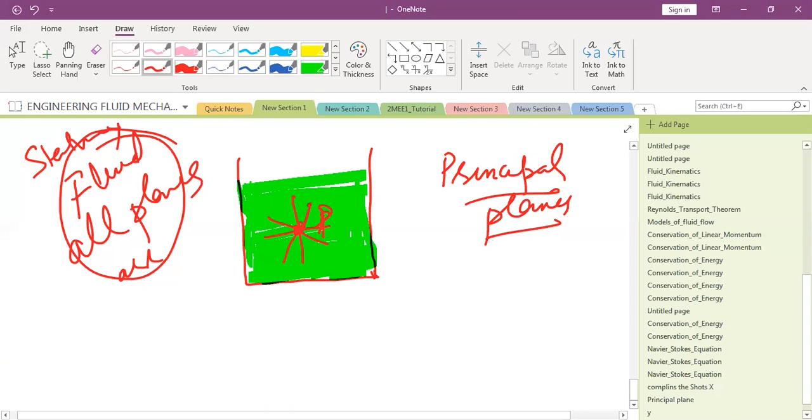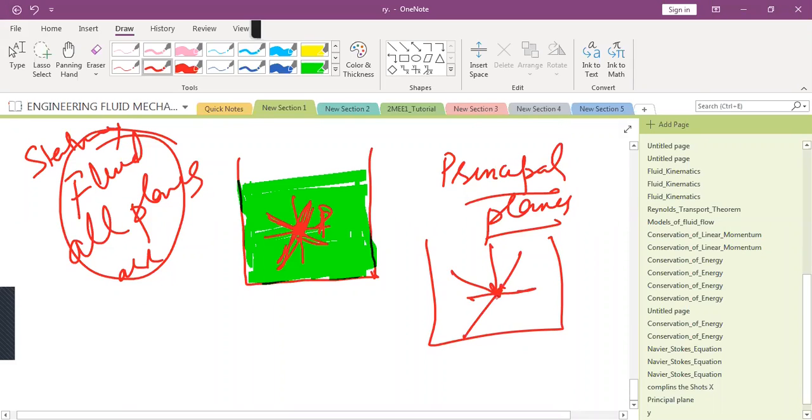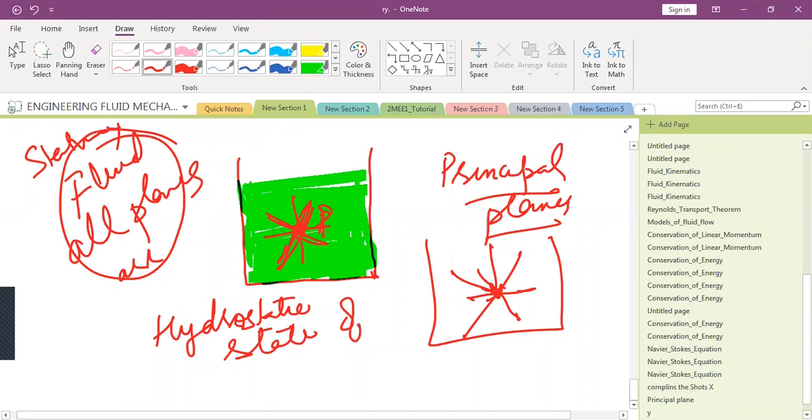So whichever plane you pick, what will be acting on it? Only normal stress. Pick any plane, normal stress will be acting, pick this plane, it will be acting like this, whichever plane you pick, you will have only normal stress. So this is a very special case. This is different from solids. This is a special case and this is called hydrostatic state of stress, where stress is isotropic.